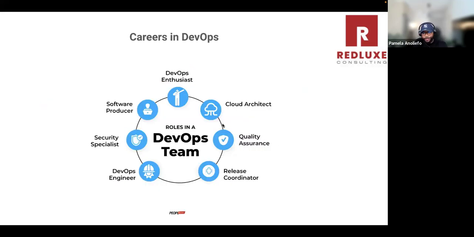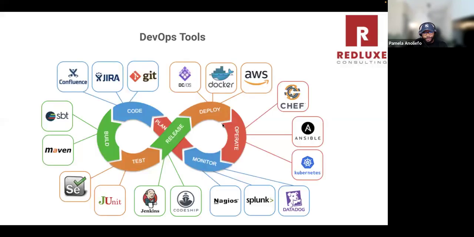There's a quality assurance person. So the QA person, again, simple and straightforward, is all around quality assurance. And the QA person falls more under the test portion of the CI/CD process.